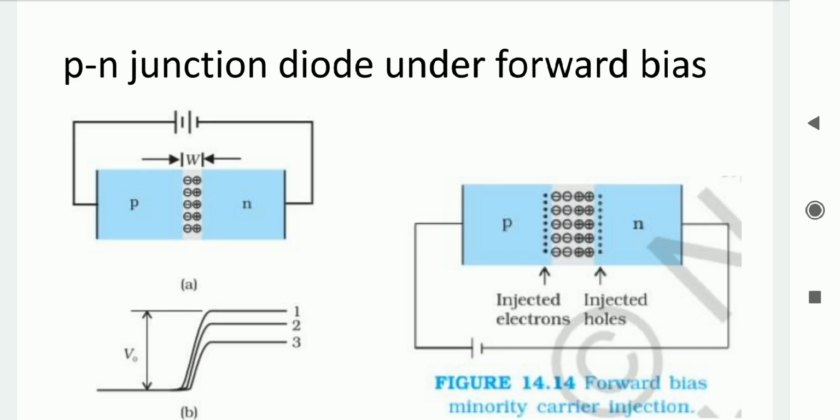So here if the supply voltage is small, then the barrier potential is gradually reduced, which will give us a very small amount of current, which is due to the minority carriers. So here a small number of carriers can get this energy level.